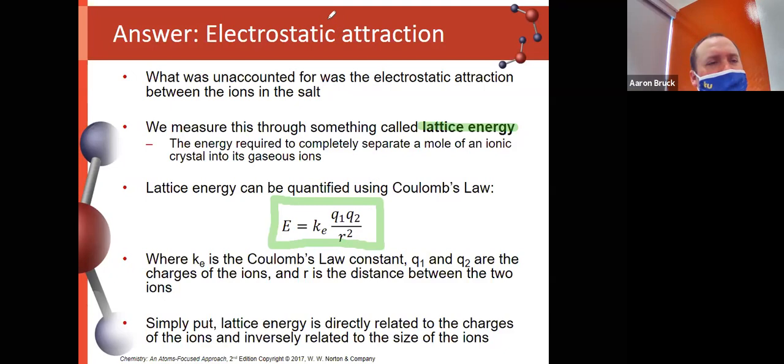The terms that we need to become familiar with are these Q terms, which indicate charge, and this R term, which indicates distance.